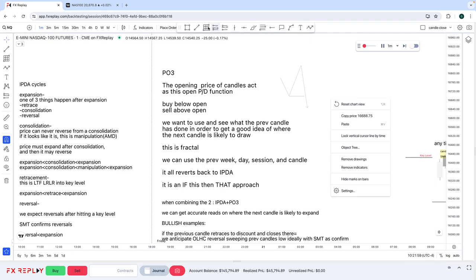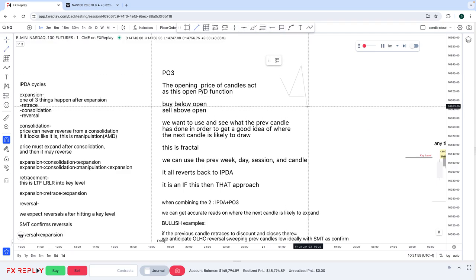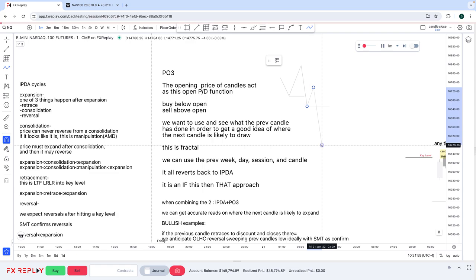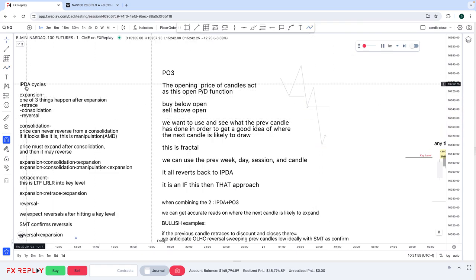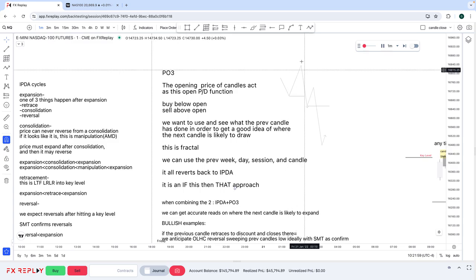So this open, low, high, close that we are anticipating, the open, high, low, close refers to IPDA because we have reversal, expansion, retracement, expansion. You see how they go hand in hand? We can anticipate this candle to print an open, high, low, close because the previous candle manipulated.